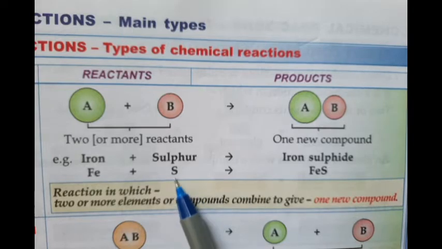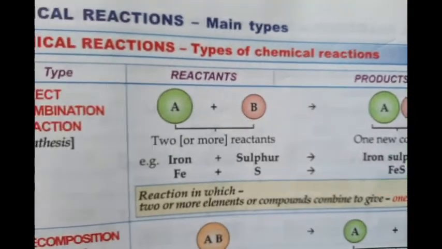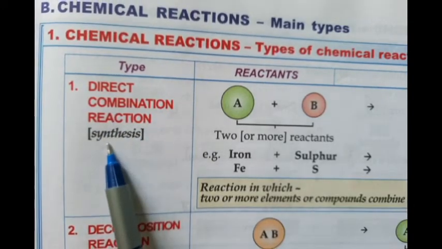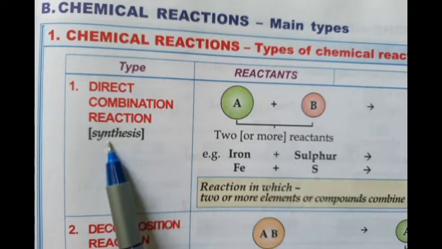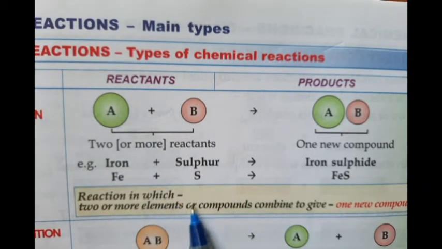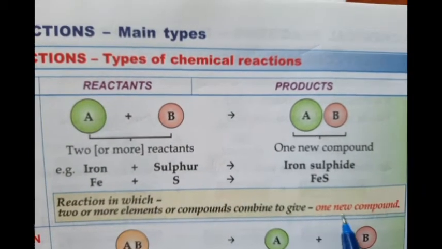So what you have to remember from here, when you make the notes, write down the types of reaction, and number one you write direct combination reaction, that is synthesis reaction, as we also call it. Then you write down the definition. These are those reactions in which two or more elements combine to give one new compound.